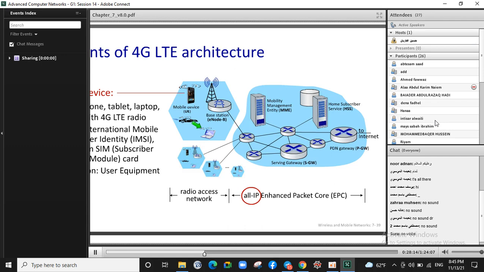In this level, just using some E-node-Bs, we try to connect different devices to a cellular network. And then the EPC is the enhanced packet core. And now in 4G technology, this core is a fully IP core.